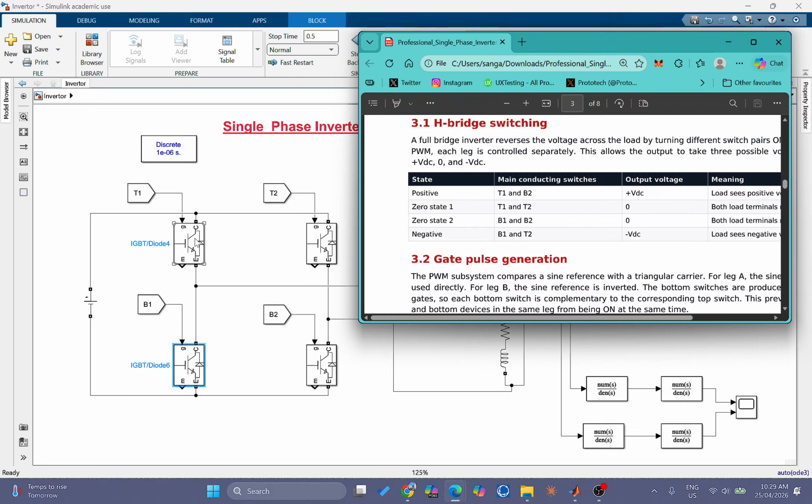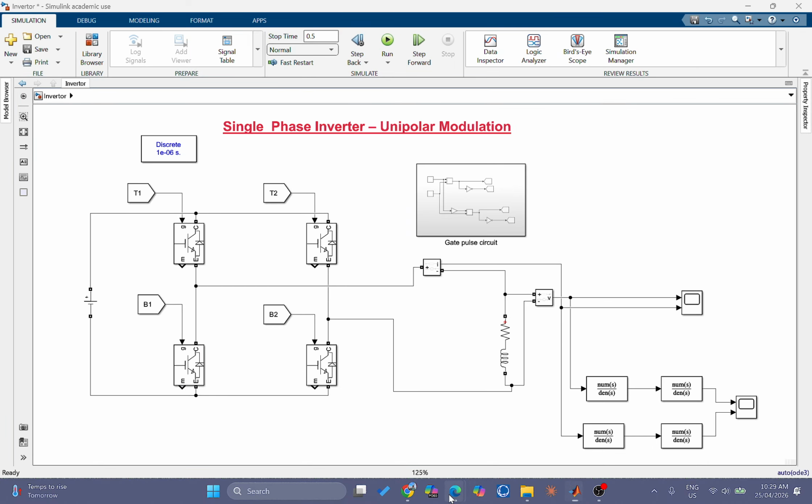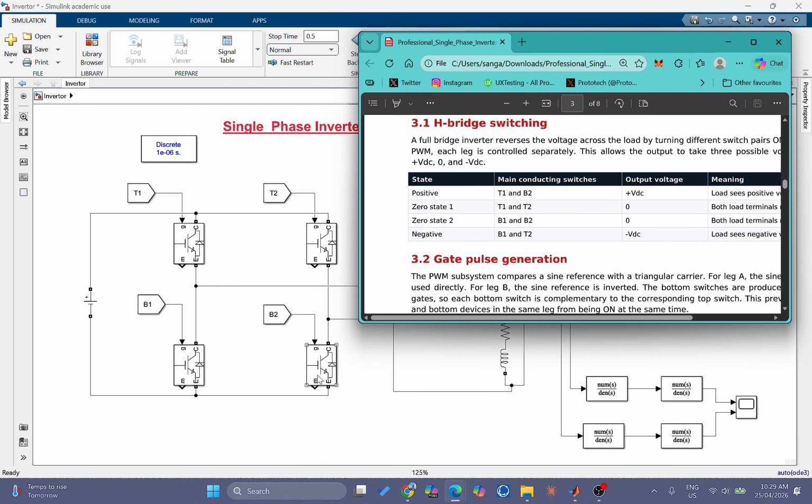Now if we turn on the switches T1 and B1, then we are going to see the positive voltage at the output. And if T1 and T2 are on, then we're going to see the voltage 0.